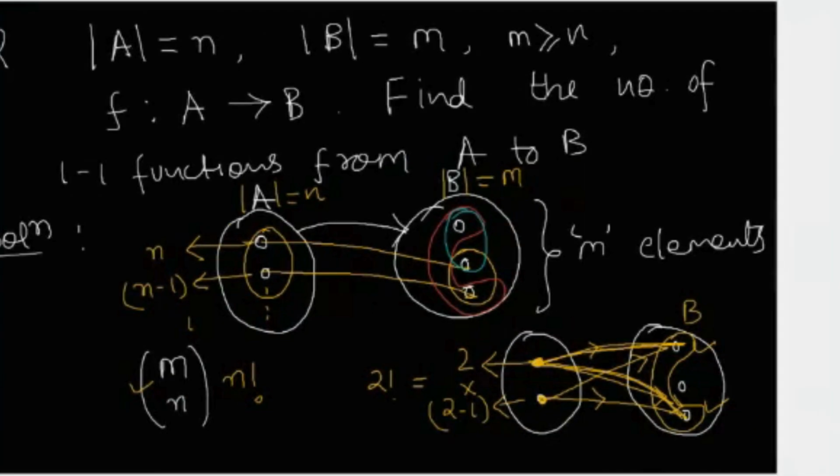So if you want a visual representation of how to solve this, I'll just take an example. Say you have two elements here, and you have three elements there. So this is A1, this is A2, this is B1, this is B3, this is B2.